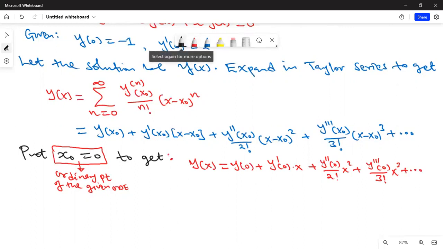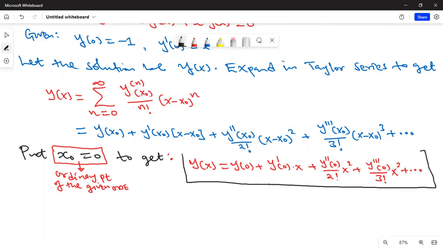So our solution should be in this form. This is how our solutions look like. Now the y of 0, y prime of 0, y double prime of 0, y third prime of 0, those are constants to be determined.